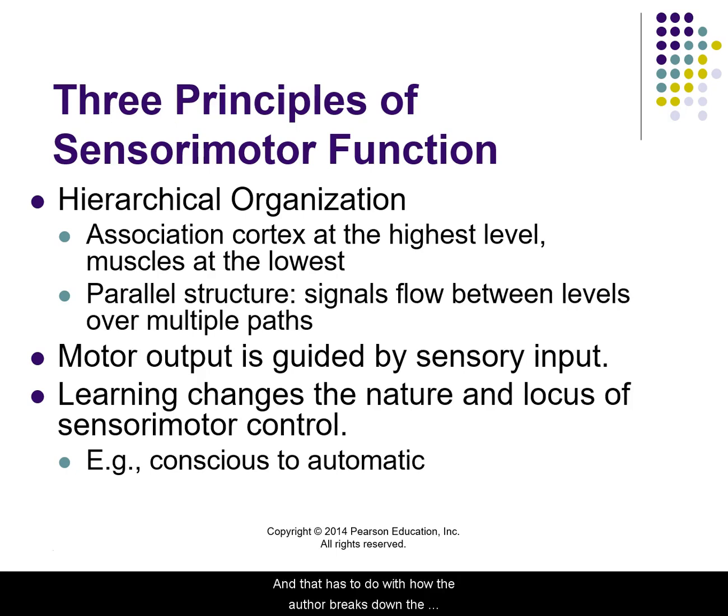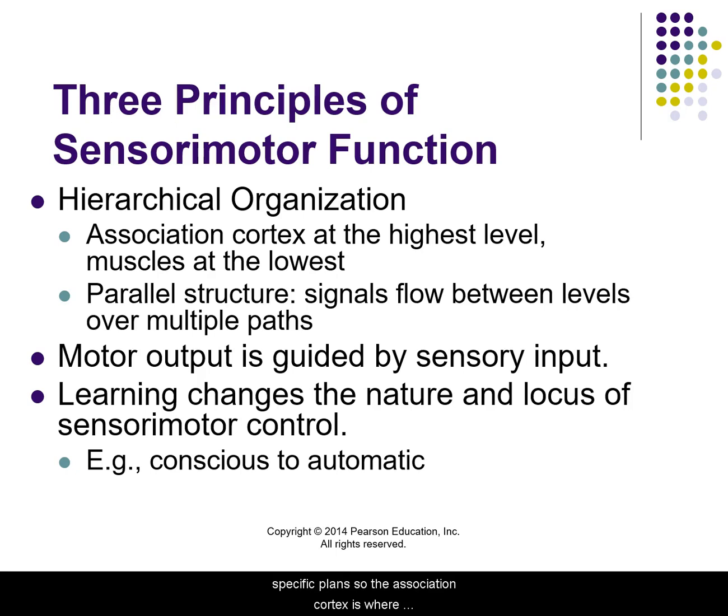And that has to do with how the author breaks down the hierarchical organization as it would be like a business. It mentions here that, like the others issued from the office of company president, the commands that emerge from the association cortex specify general goals rather than specific plans.